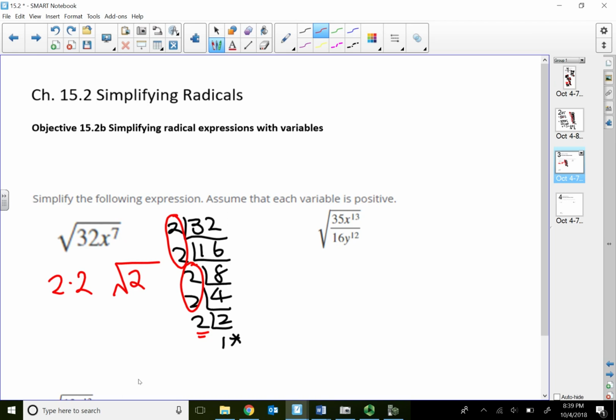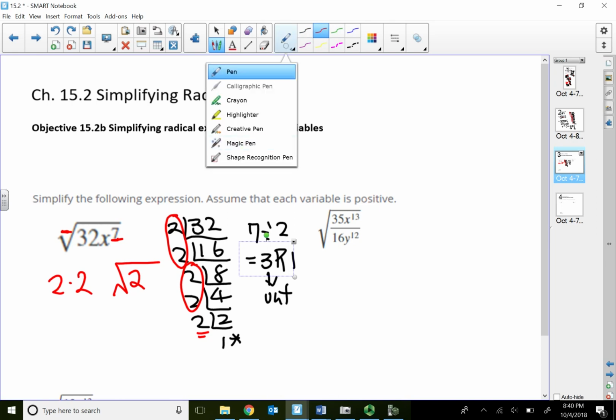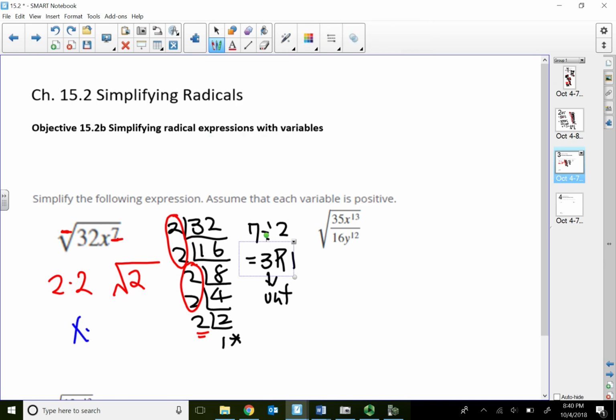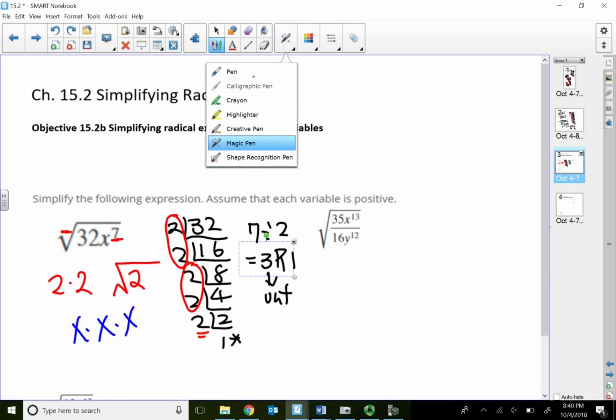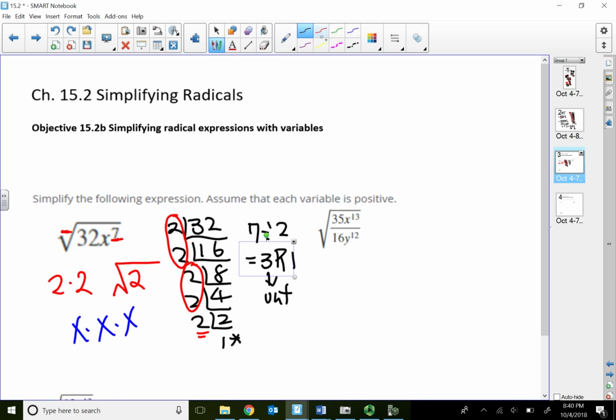Now for the exponent, I can take my exponent divided by the root. This is a square root, so that becomes 7 divided by 2, which is 3 remaining 1. That tells you 3 x's go out, which is x times x times x, the same thing as x to the third power.